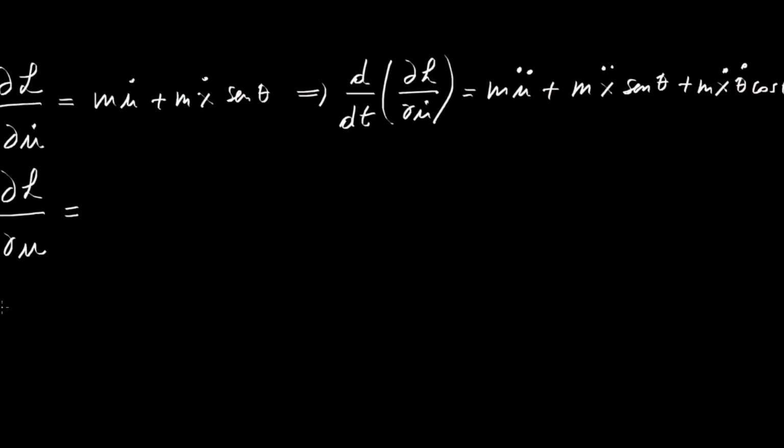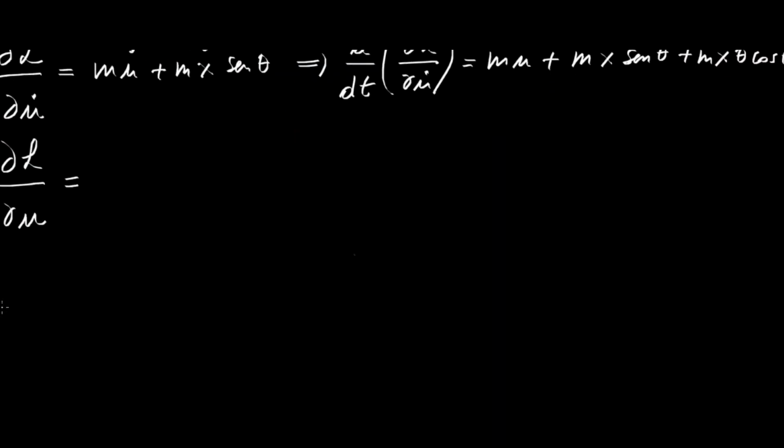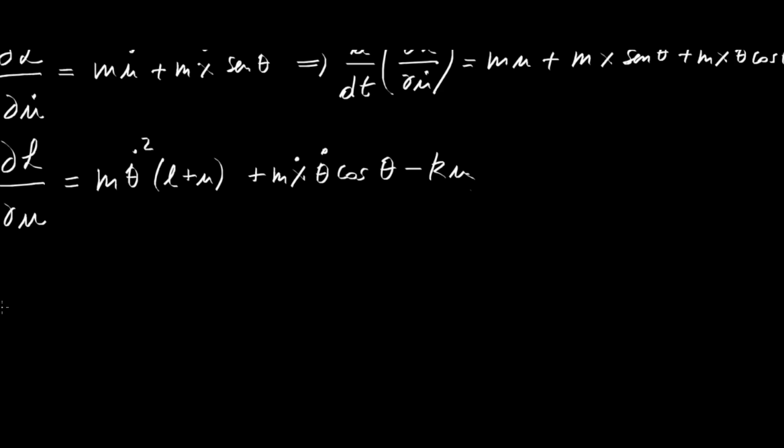But if we do all very carefully, we can obtain the following result: m theta dot square L plus u plus m x dot theta dot cosine of theta minus ku, these terms belong or came from the potential energy, plus mg cosine of theta.